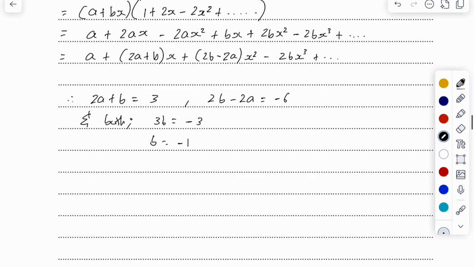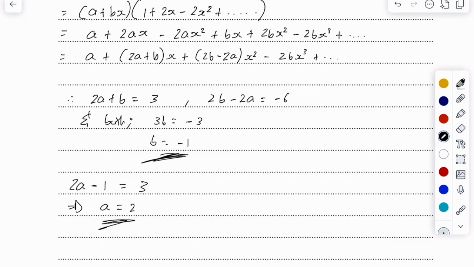So 2a - 1 is going to equal 3, and therefore a is equal to 2 as a result.